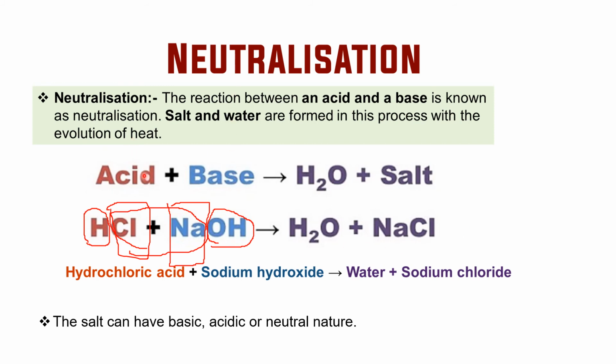I am saying once again, neutralization means the reaction between an acid and a base. And what are the products? Water and salt. Example, hydrochloric acid plus sodium hydroxide gives water and salt.